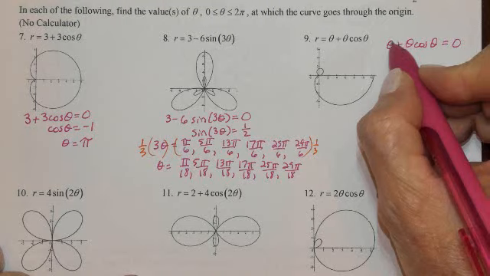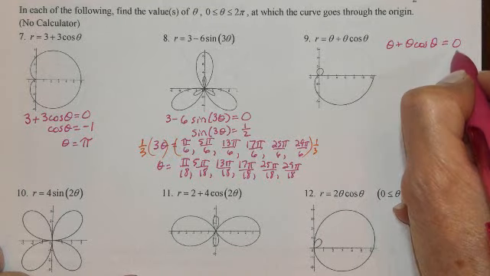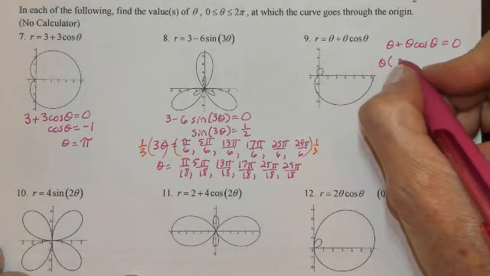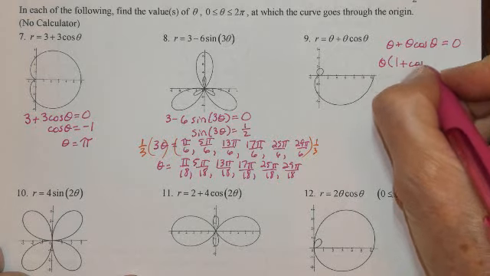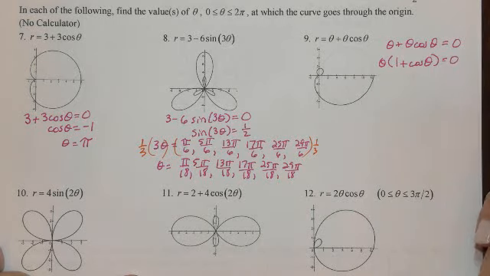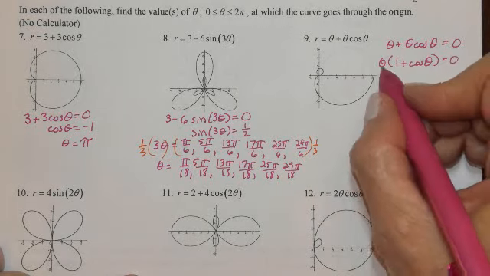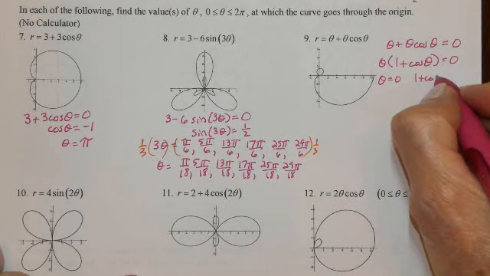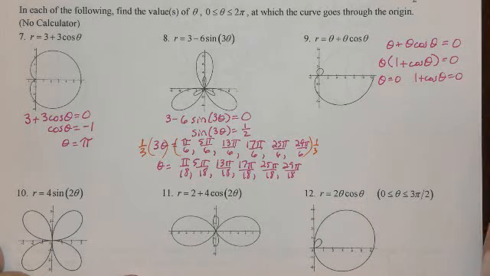So instead, I'm going to just factor that theta out. If I factor that theta out, things get nice. Then I get either theta is 0 or 1 plus cosine theta is 0.